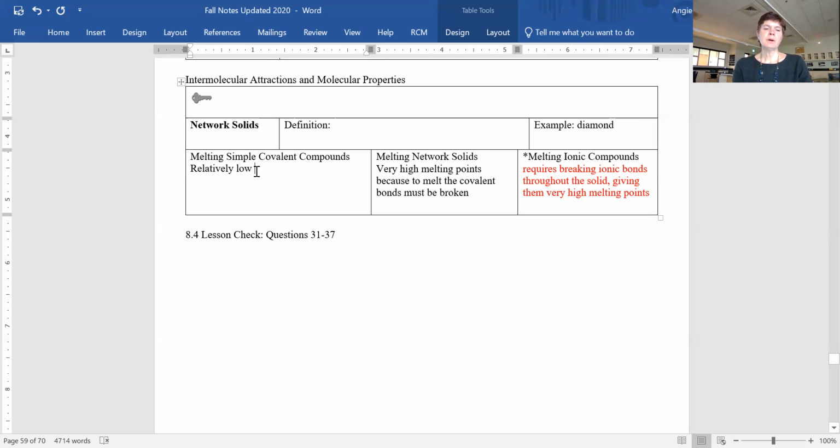Whereas for simple covalent compounds, they have relatively low melting points. And the reason is because to melt these, the IMFs, the intermolecular forces of attraction, must be broken or disrupted.